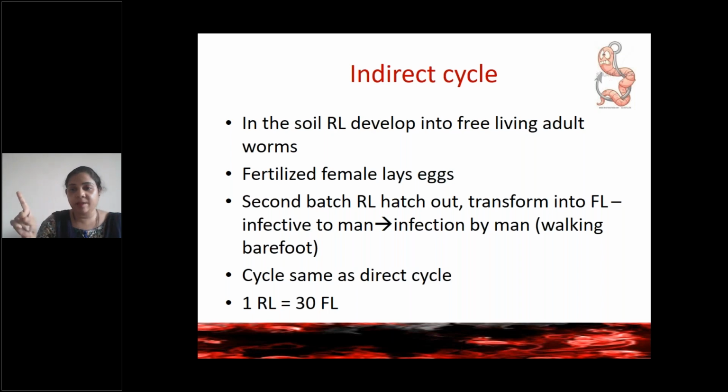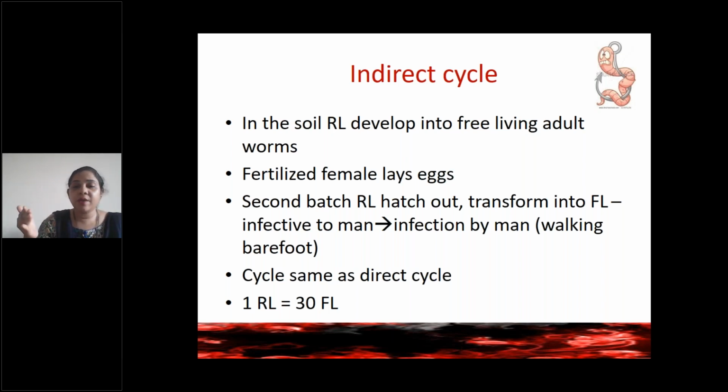That is direct cycle. Okay, next, indirect cycle means in the soil, the rhabditiform larva, instead of changing into filariform larva, will develop into free-living adult worms. These free-living adult worms will mature. Next, what will happen? Female lays eggs. A second batch of rhabditiform larva will be formed.